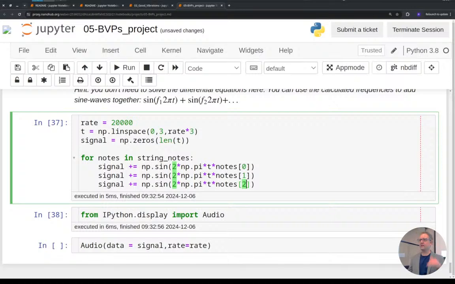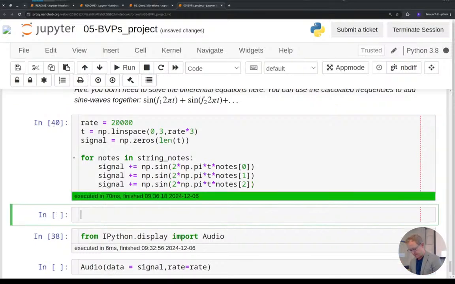Here I'm going through each note and adding a sine wave for each of those. All I care about in this analysis is finding those natural frequencies, and the mode shapes, and making sure they look the way they should. But then I can loop through and add all those sine waves together.